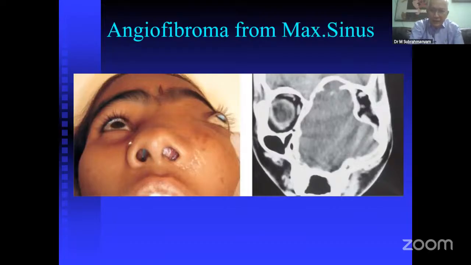Here is a big angiofibroma of the maxillary sinus, occupying the entire maxillary sinus, and the orbit space has been contracted, leading to severe proptosis, fullness in front of the cheek, and you can see the mass extending into the nose. And here you can see the ulcer of the cornea due to exposure keratopathy.